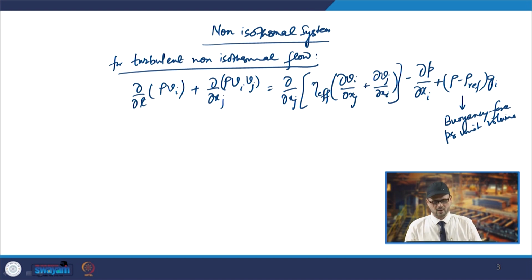So, now this is because of the difference in the density which is arising throughout the fluid body. So, that is why it is coming.